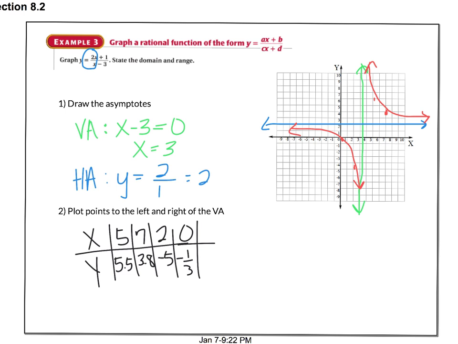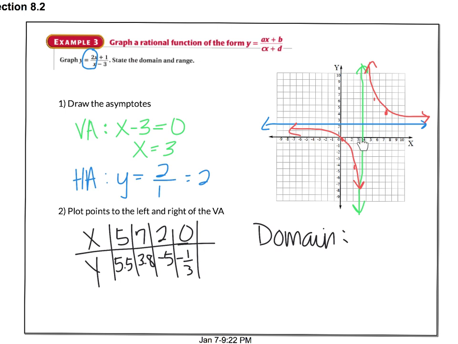Let's do some guided practice, but now that I'm looking at it, I think we ought to go over domain and range a little bit. Remember, the domain is your x values, and that is when you take your eyeballs and you sweep them from left to right. And so if I'm looking left to right, there is only one number that your x value cannot be, and that is right here.